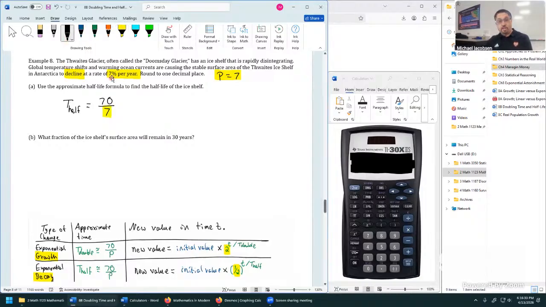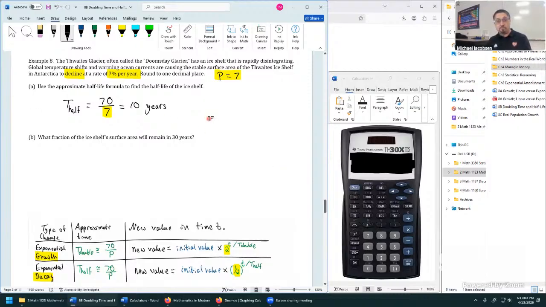Our strategy here is whatever the percent change is, we peel off the percent sign. That's the P in the formula. Then just divide, but that's a fast division. This will give us 10 altogether. If it was per year, the unit analysis would give us just 10 years exactly altogether. So the half-life for the Thwaites Glacier, so-called Doomsday Glacier, is 10 years.